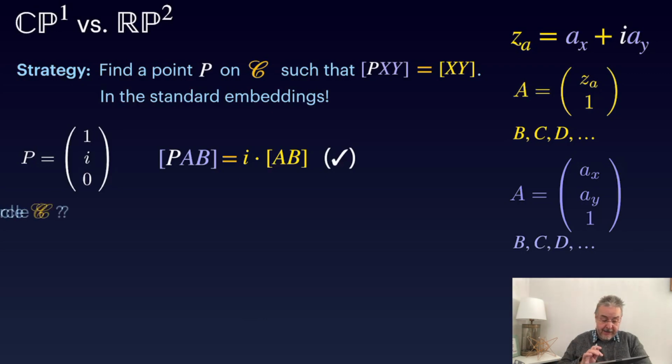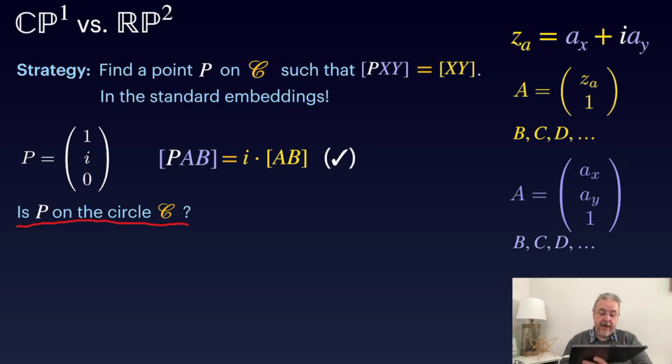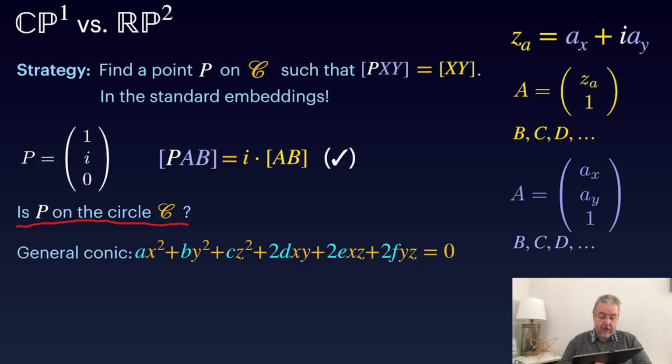What we are left with is that we still have to prove that this point P actually lies on the circle. For that, let me go back to our very first slot about conics. In our very first slot about conics, we learned that a generic conic equation looks like that. Now assume I have a circle, and this circle has a certain midpoint and a specific radius.